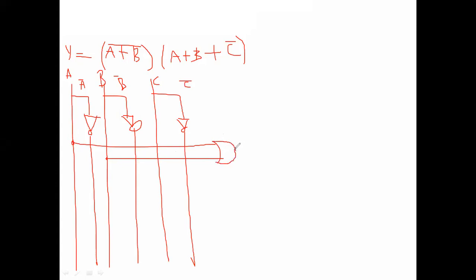This is the output, A plus B. A plus B whole bar is there. How to get whole bar? By connecting a NOT gate to this A plus B, then we get A plus B whole bar.